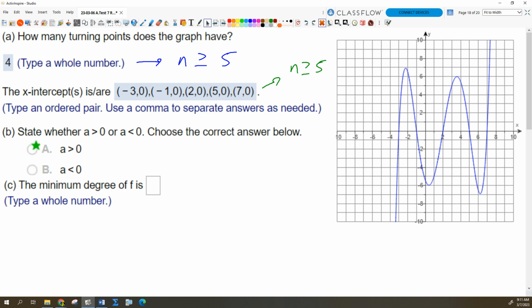First clue said it's got to be at least 5, the degree. Second one says it's got to be at least 5. This is an odd degree polynomial, right? So it's 5, isn't it? The minimum degree is 5. It's got to be at least 5. Could be way bigger than that, but that's the smallest it could be and have all that behavior. Okay, give me 1 to 5 on that one. There's a lot of stuff going on there, right?